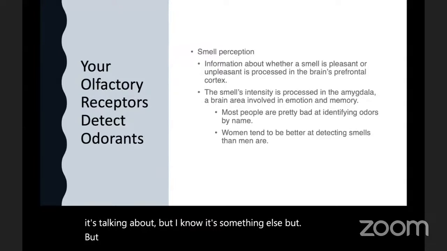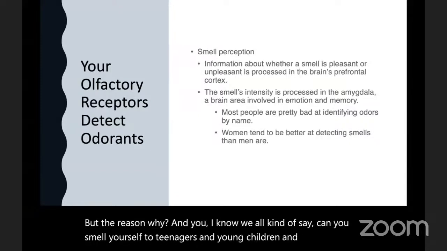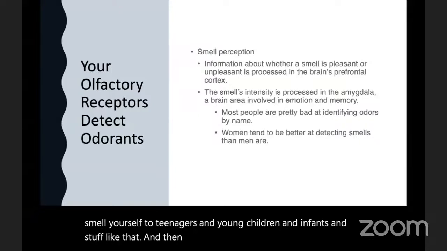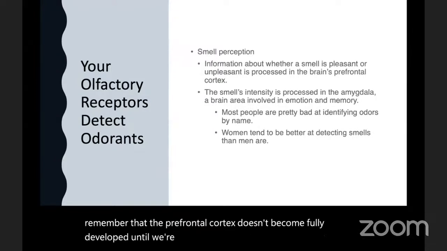But the reason why, and I know we all kind of say, can you smell yourself, to teenagers and young children and infants and stuff like that? And the answer is no, they really can't. Because remember that the prefrontal cortex doesn't become fully developed until we're around 18, 19, or 20 or so.